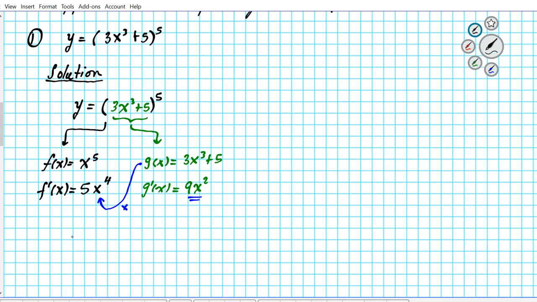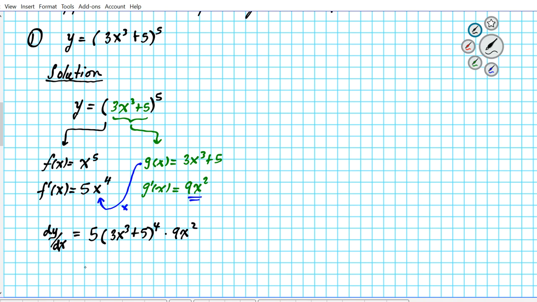Okay. All right, so our derivative in unsimplified form, dy dx, you can call it dy dx or y prime, it's the same thing. Okay, dy dx is going to be 5 times, so instead of x, we're going to replace x with g, which is 3x to the third plus 5 raised to the fourth power, times the derivative of g, which is 9x squared.